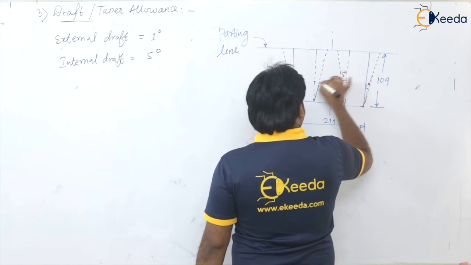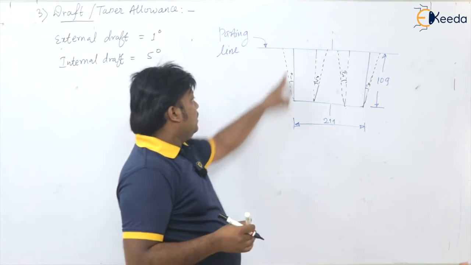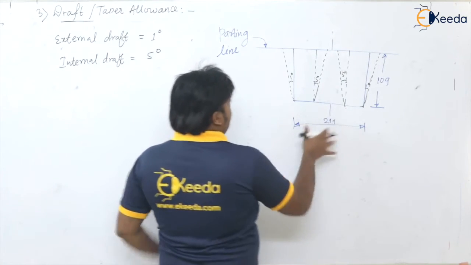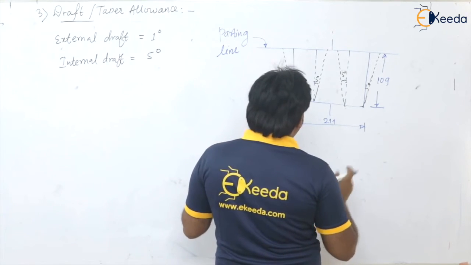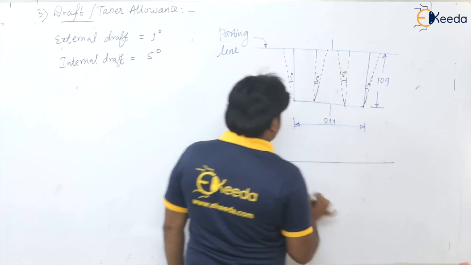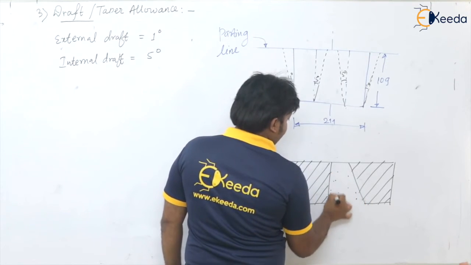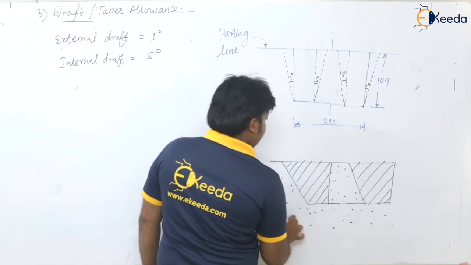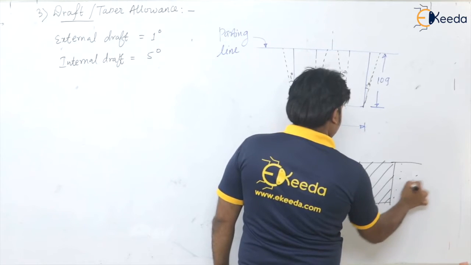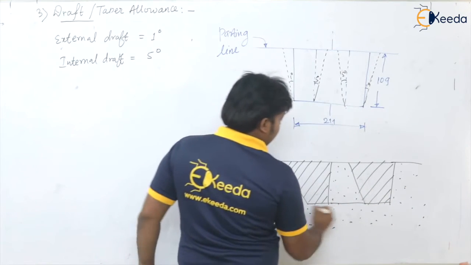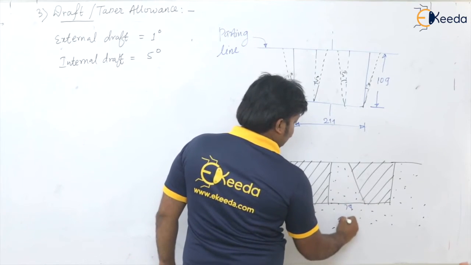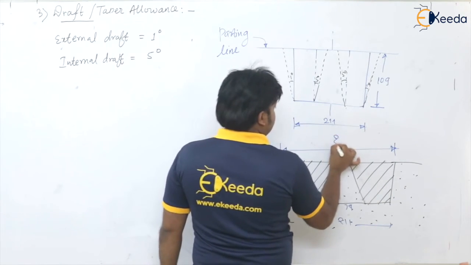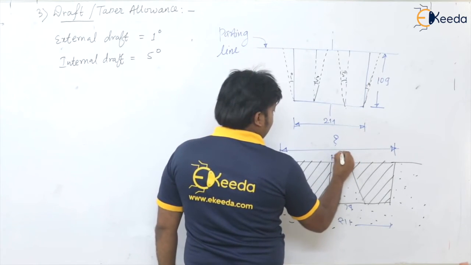We have the vertical side as 109 millimeter, and on that only we are going to provide it. After provision of this taper or draft allowance, the pattern is going to look like this, in the molding sand. So we need to determine the dimensions. The length is already 211, the bore 74, and after provision of draft, this is what we are going to determine, and this is the bore value we are going to determine.